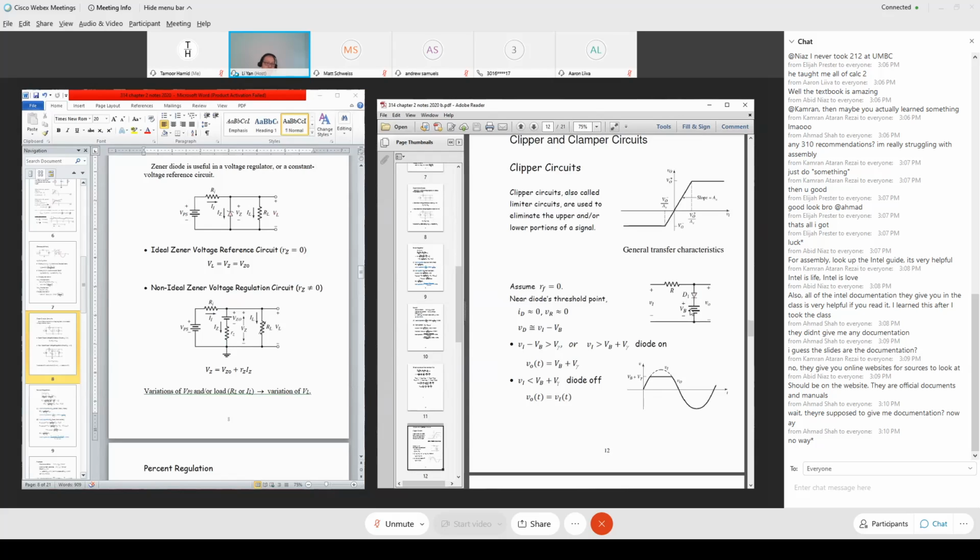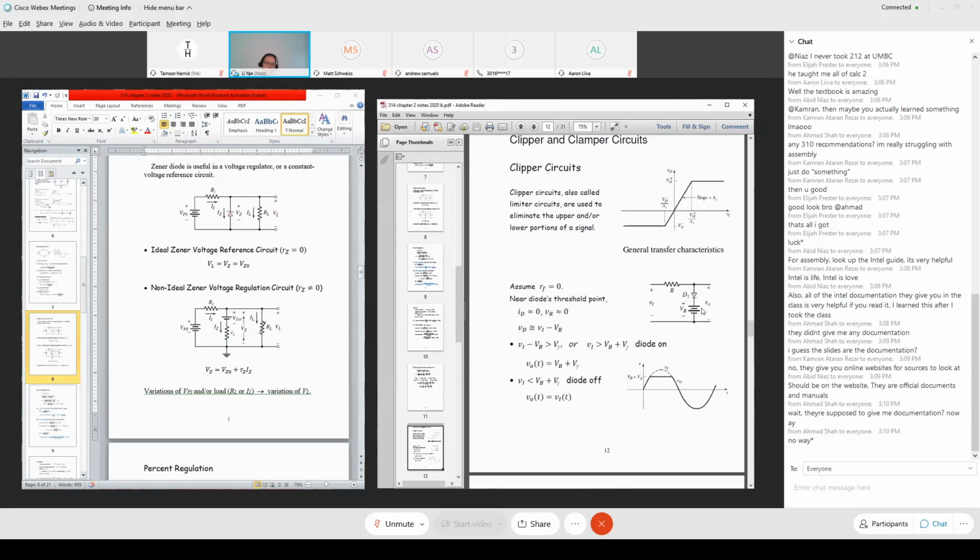Of course, when the diode voltage is greater than V gamma, meaning VI minus VB is greater than V gamma, the diode is on. And VI minus VB greater than V gamma can be rewritten as VI greater than VB plus V gamma, diode is on. Now, once the diode is on, what's the consequence?